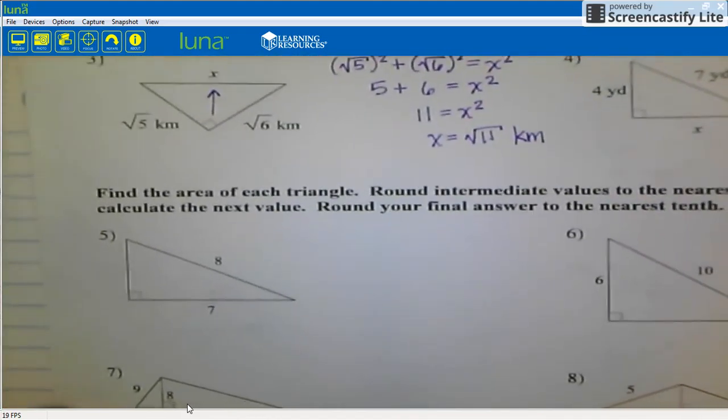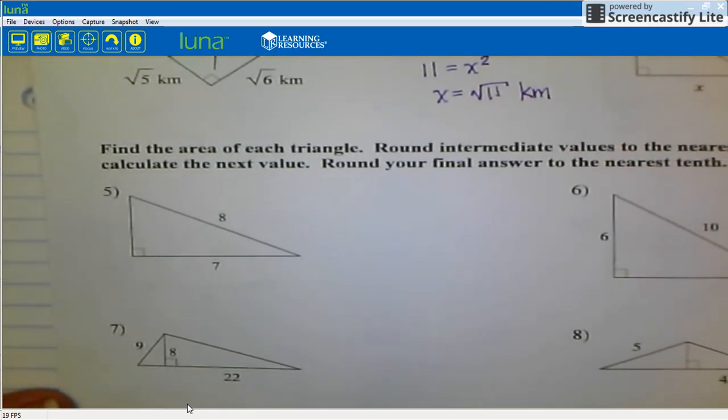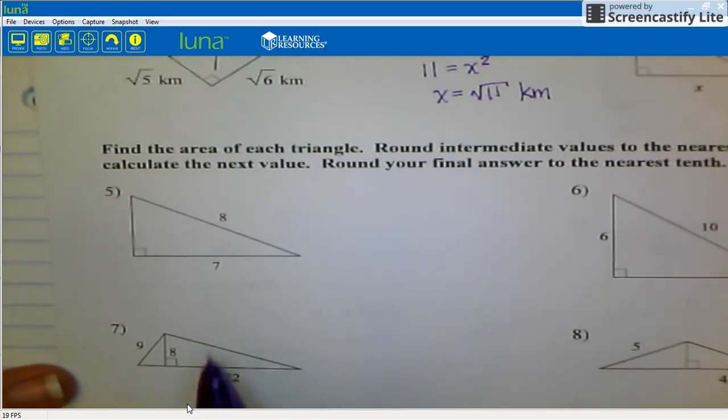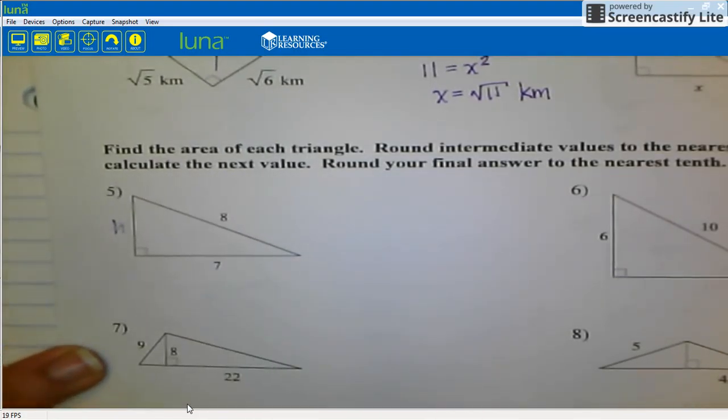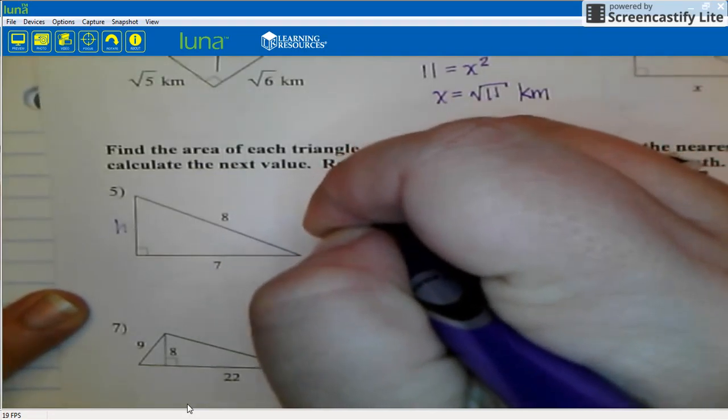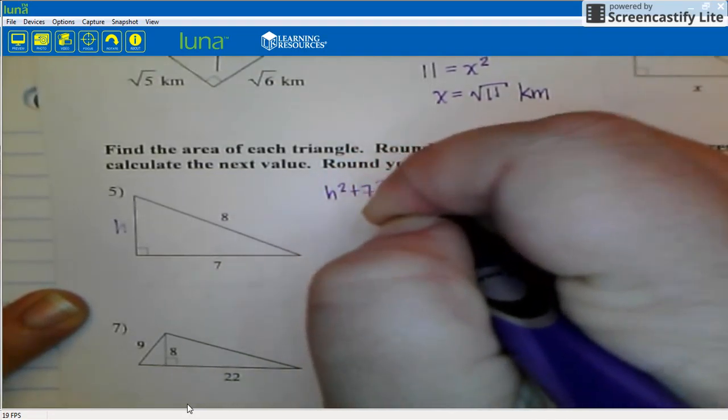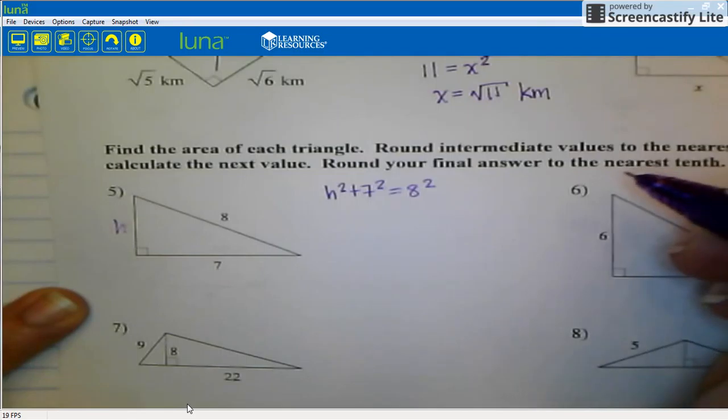For number 5, we found the area of each triangle. And so to find the area of each triangle, we need to know the base and the height. And so in this case, I'm going to use the Pythagorean theorem to solve for the height of my triangle. So I have 8 squared plus 7 squared is equal to 8 squared.